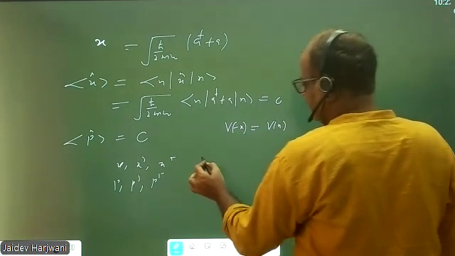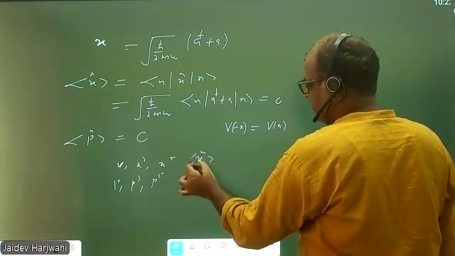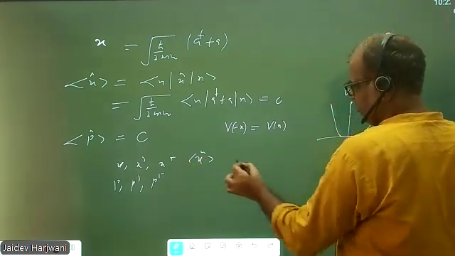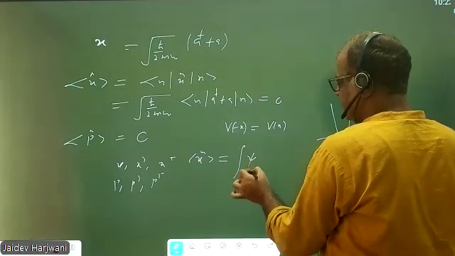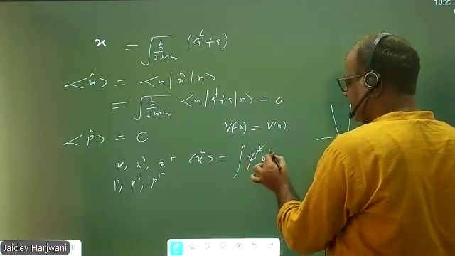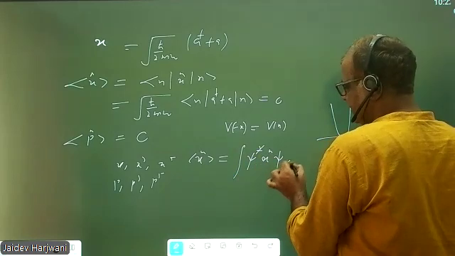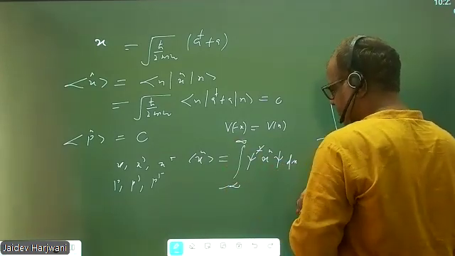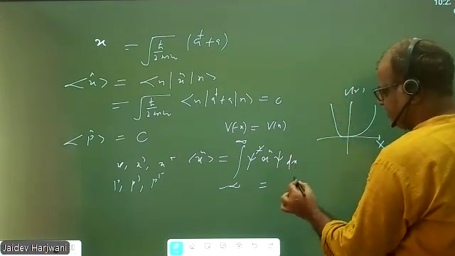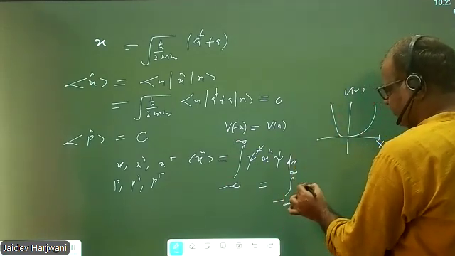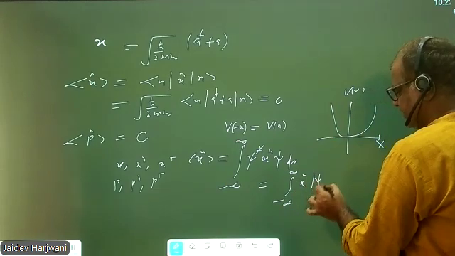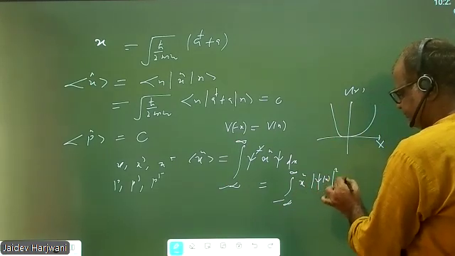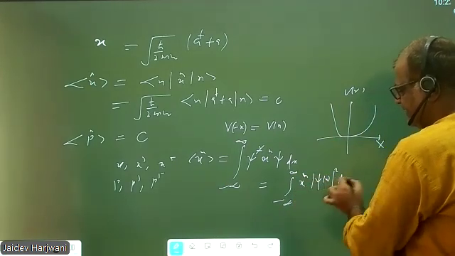So if I calculate, say, the expectation of x to the power n, where n is odd, then this is equal to the integral from minus infinity to infinity of psi star x power n psi dx. Now this can be written as the integral of x power n times mod psi square dx.